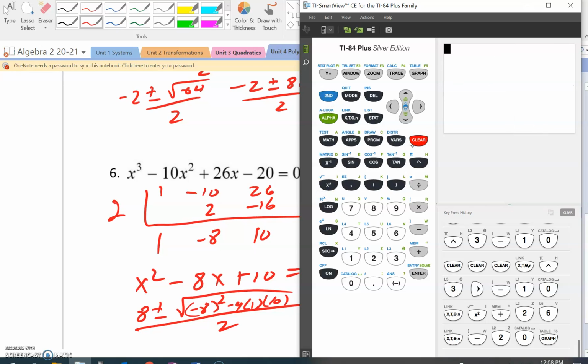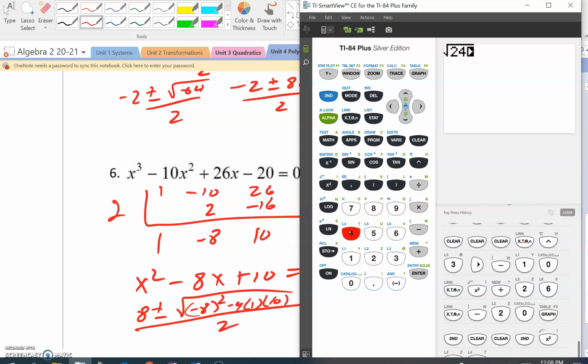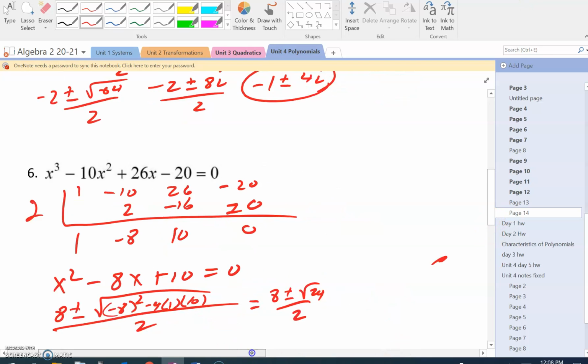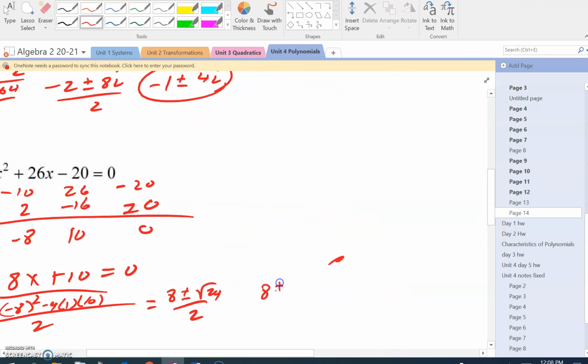So let's get a decimal answer here. Square root of 24 should be 4.9ish, right? 4.9. So 8 plus or minus 4.9 over 2.